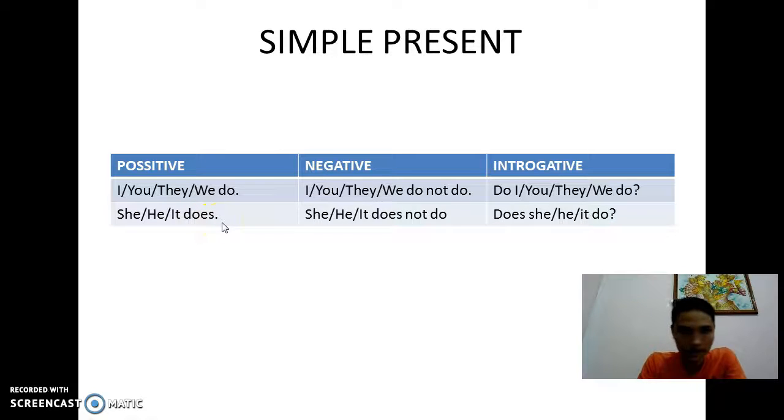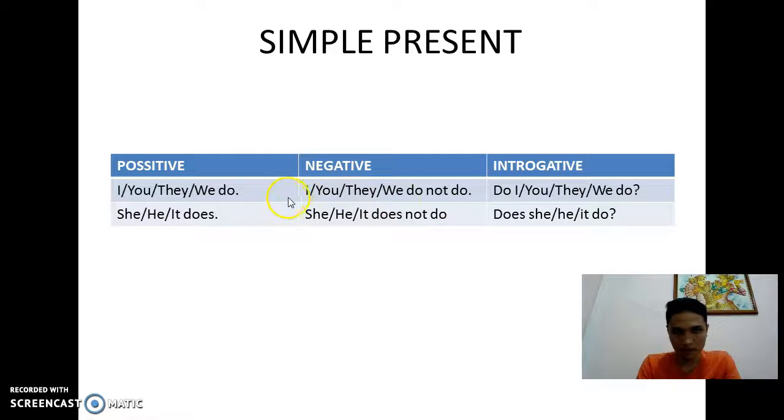And then the negative form: I do not do, you do not do, they do not do, we do not do, are different from she does not do, he does not do, and it does not do. So the difference is in the do not and does not.